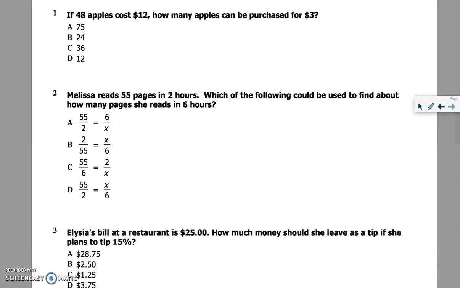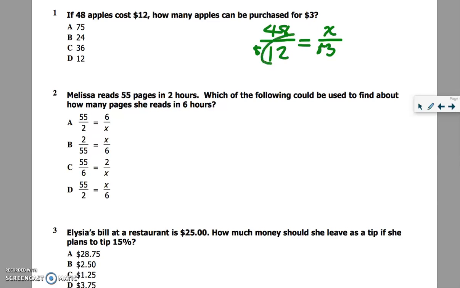As in my class, we talked about writing 48 is to, or relates to, $12 as, in the same proportion, something, because we don't know how many apples. That something is represented as X, or any variable you choose, compared to $3. As long as I have dollars in the denominator and apples in the numerator, I'm pretty good.